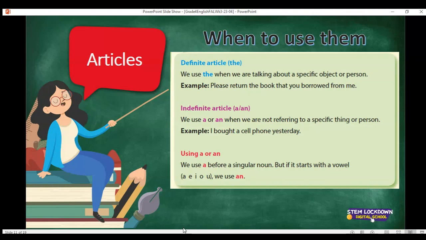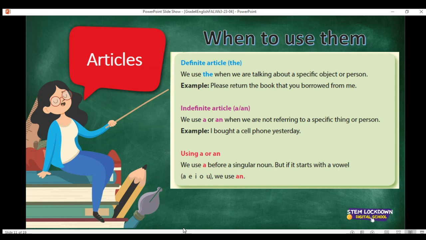We like to use the when it is talking about a specific object or a person. So if I say, please return the book that you borrowed from me. So what do you need to return? The book. So I'm not saying a name of the book, but maybe I'm pointing to the book. So they're being specific.